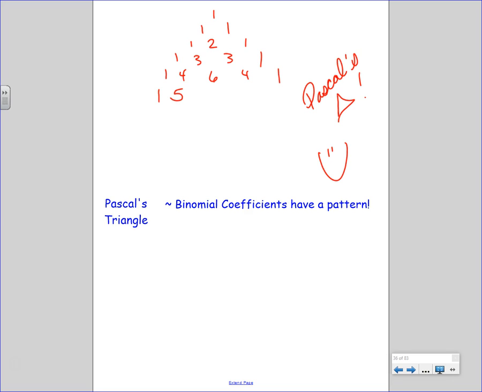What's going to happen when I get to this term though? Why is it going to be 10? You're adding the two values above that are, in a sense, on either side of the next term to come. So 1 and 4 makes 5, 4 and 6 makes 10, 6 and 4 makes 10, 4 and 1 makes 5, and I always end with a 1. Does that make sense? So I could keep on doing the pattern.